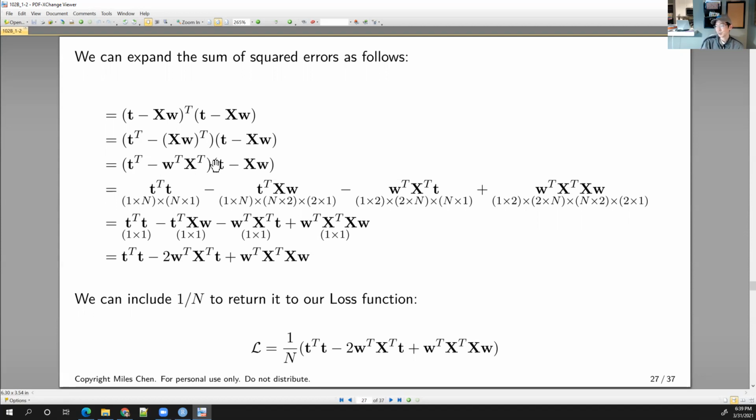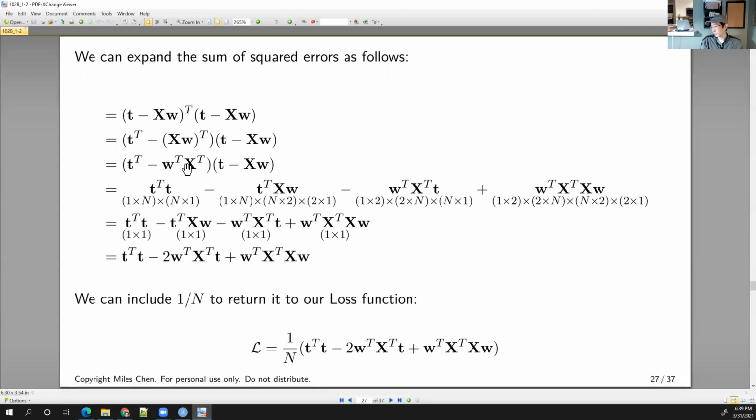And now I have to multiply these two things together, using first, outer, inner, last. I get T transpose T, which is 1 by n times n by 1, so that reduces to a 1 by 1. Then the outer elements, T transpose times XW: T transpose is 1 by n, X is n by 2, W is 2 by 1, so that works out to 1 by 1.